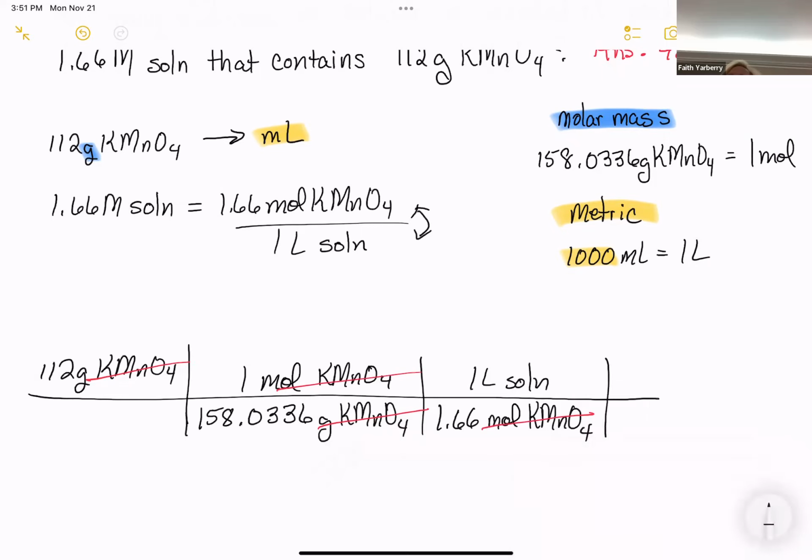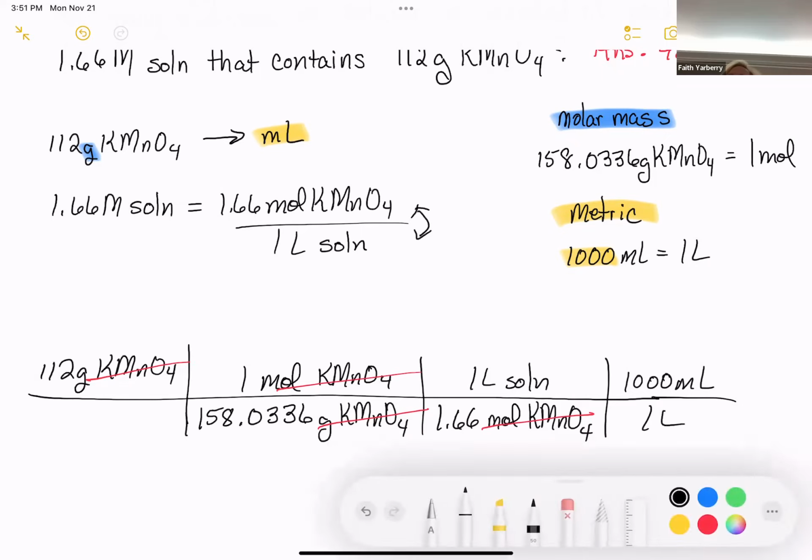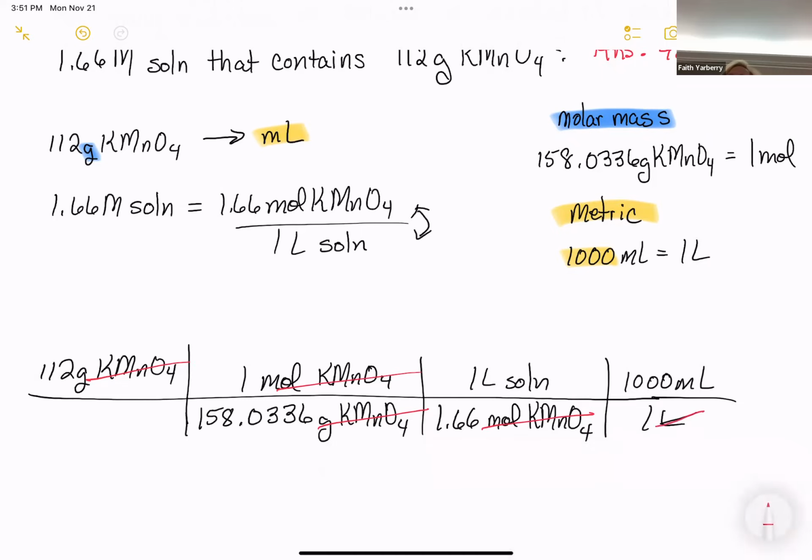And then you can use 1,000 milliliters is equal to 1 liter in order to convert it into milliliters. And when you complete this calculation, you get an answer of 427 milliliters of solution.